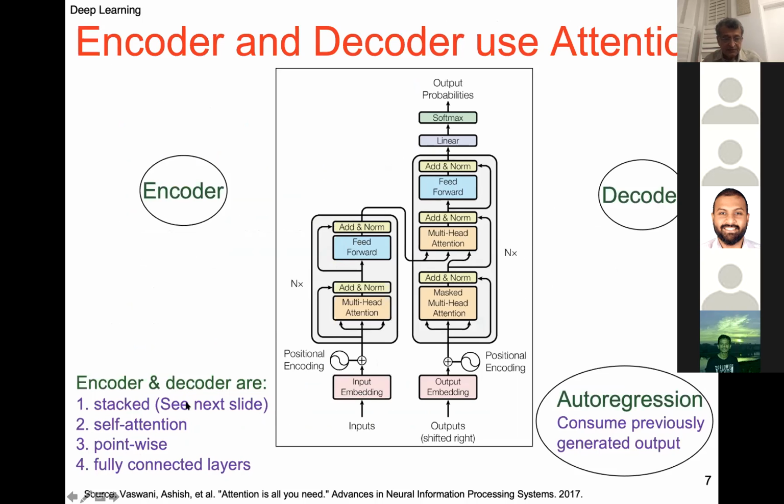See the next slide, we'll look at that. Self-attention is going on, with a point-wise, fully connected layer. So there is an input embedding and an output embedding. We're using machine translation. We are training it, saying here's the input embedding in this language and the input embedding in the other language. And this is an encoder architecture, multi-head attention.